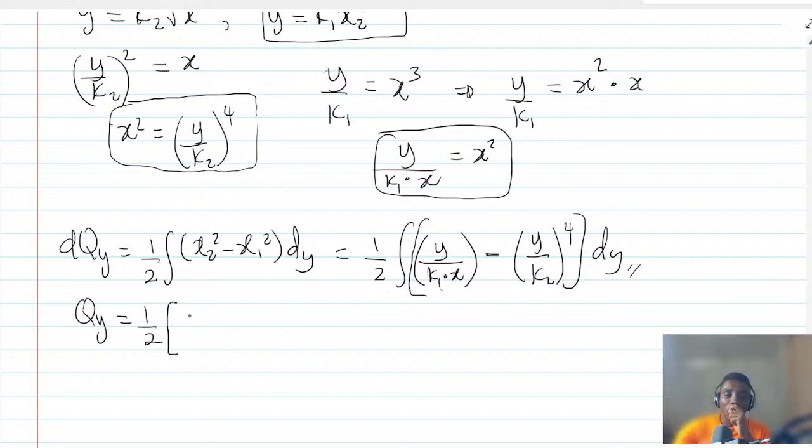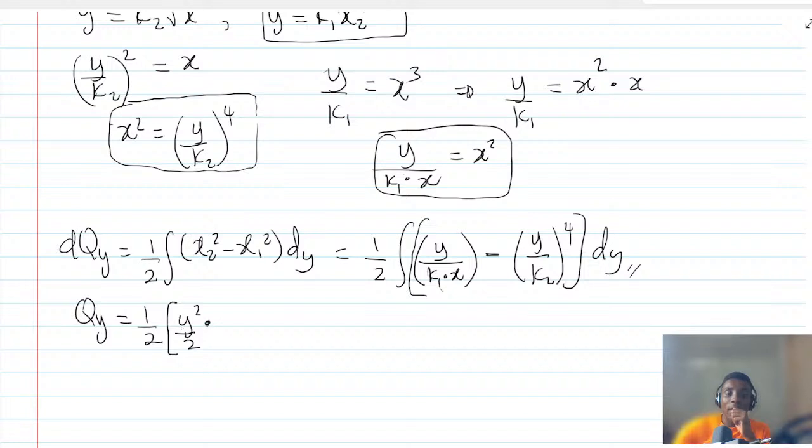So it's just going to be integrating y, which is y squared divided by 2.